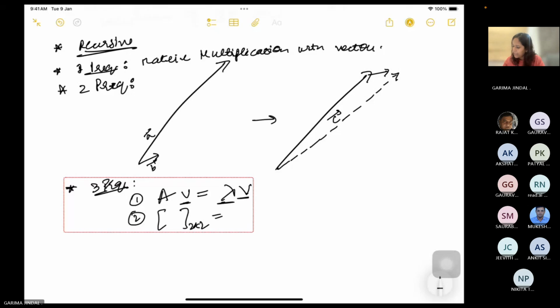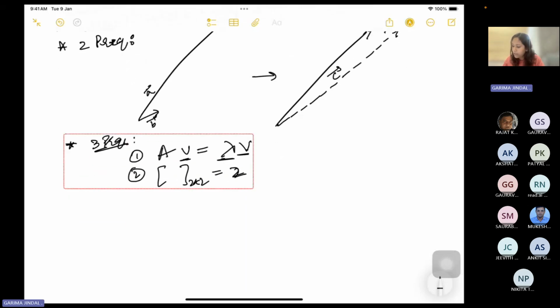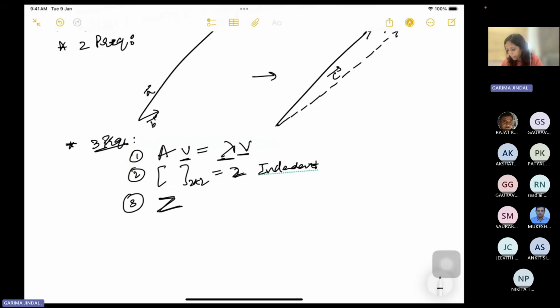Two? Correct. So if we have a 2 cross 2 matrix, then this matrix will have two eigenvectors, and these vectors will be independent of each other. Now the third point is that any vector can be represented by a linear combination of these independent eigenvectors.